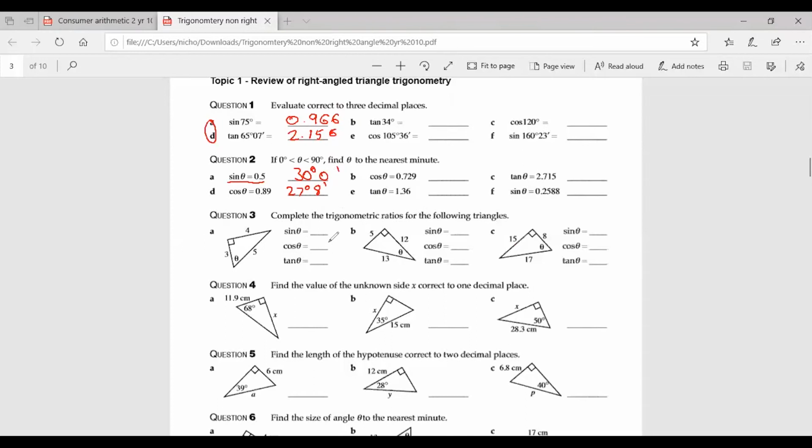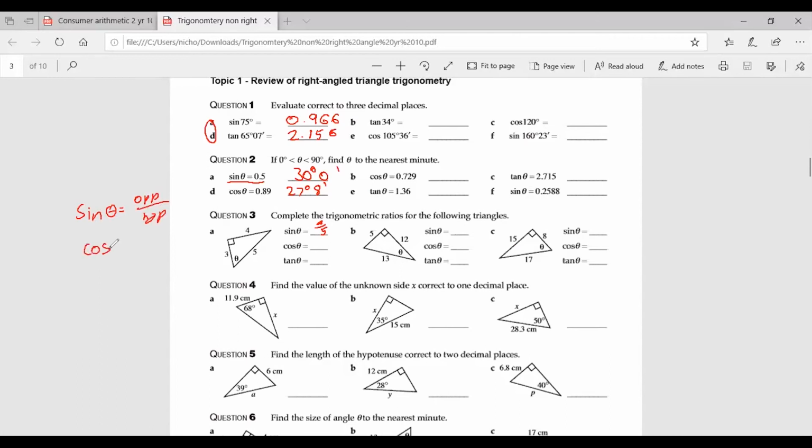Sine theta equals 4/5. That is perfect, because sine theta equals opposite over hypotenuse.